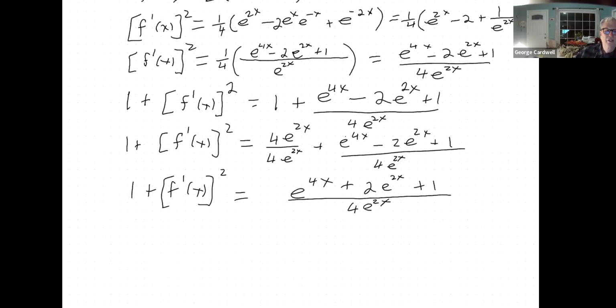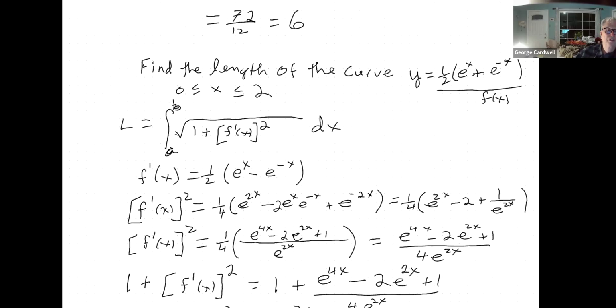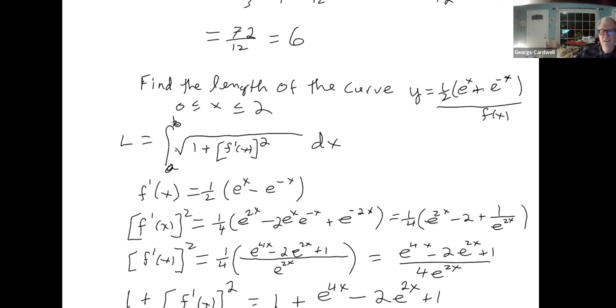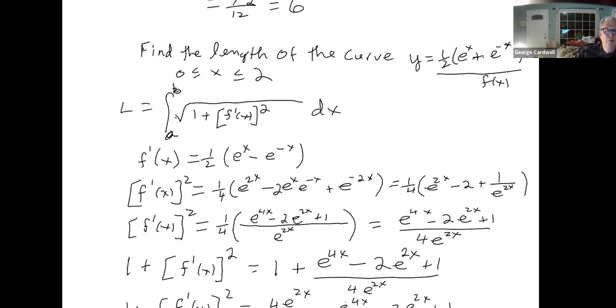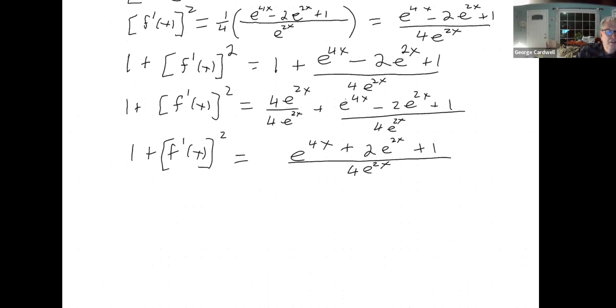So now what do we have to do with this? According to the formula, we have to take the square root of it and our bounds and integrate it. So according to the formula, the length is going to be the integral from 0 to 2 of the square root of all that.